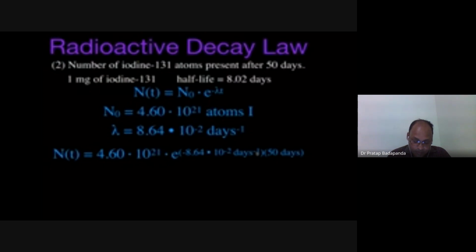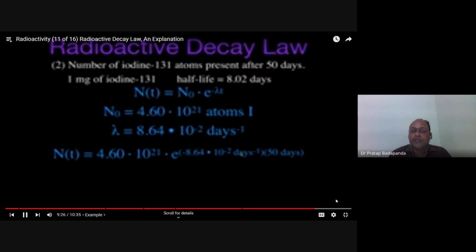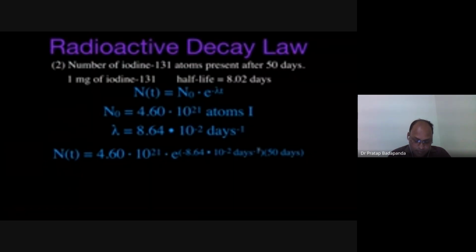So this is 1 over days, and this is times 50 days, and then this day and this day will cancel, and we won't have any units except this has the units of number of nuclei. Okay, but the days will cancel. So that's why we left that as days. You can't have this be seconds and this be days, or this be days and this be years. It has to be the same unit, whatever unit you want to use.